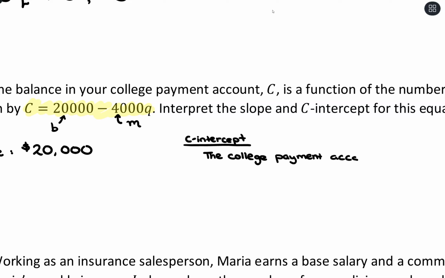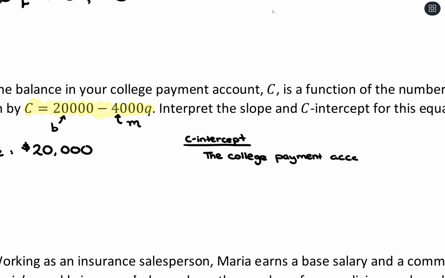That works. So a few different ways to word it, but those all get the message across of we're beginning at 20,000, and then from there our account is decreasing as we pay for each quarter of college. All right, that's a good interpretation.